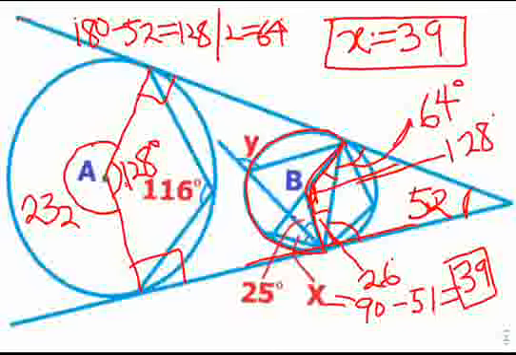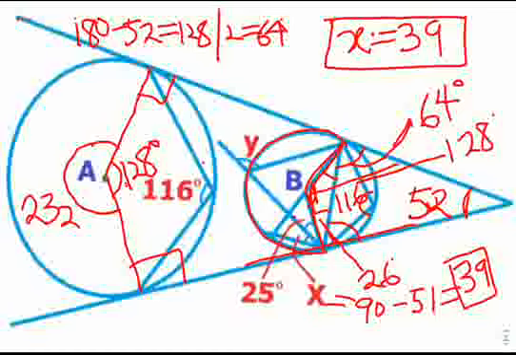Then the 232 degrees is twice the angle it forms here. So half of 232 is 116. The same thing is happening here. So if the angle here is 232 degrees, dividing that by 2 gives us the angle here, which is 116 degrees.